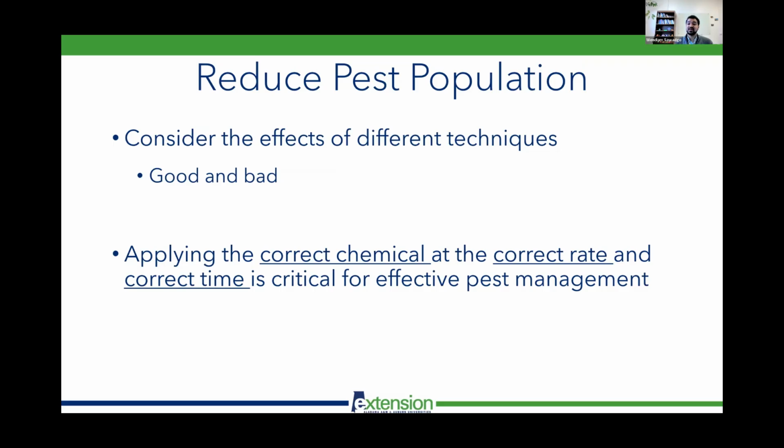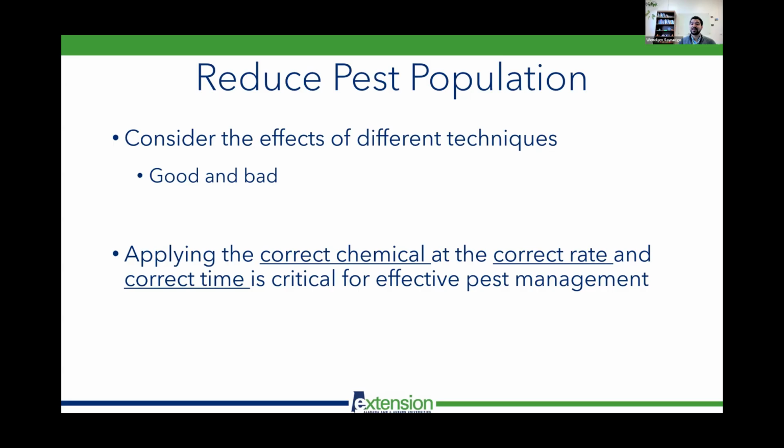So it's important to talk to the people we have, the extension agents who have good knowledge on how bad a problem is, to know what the best method in a certain time might be as well. It's also really important, I'll always mention this, but applying the correct chemical at the correct rate and the correct time is critical for effective pest management.